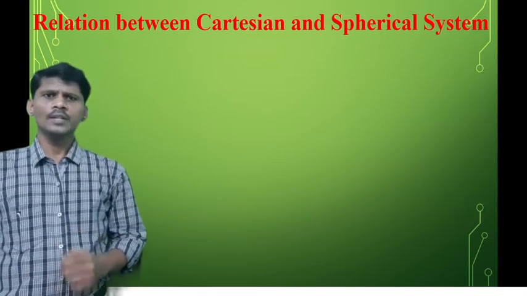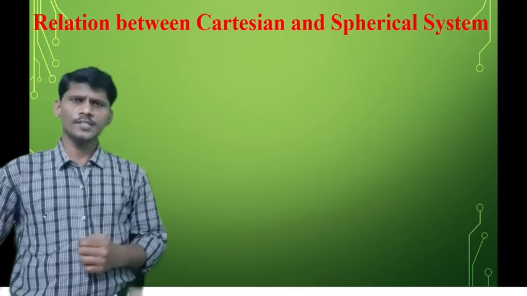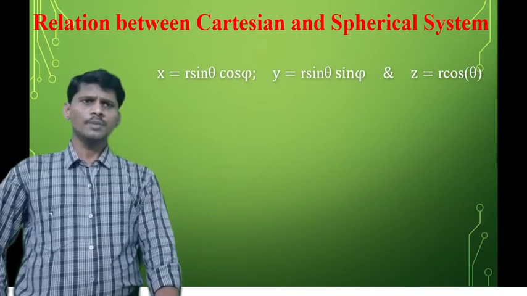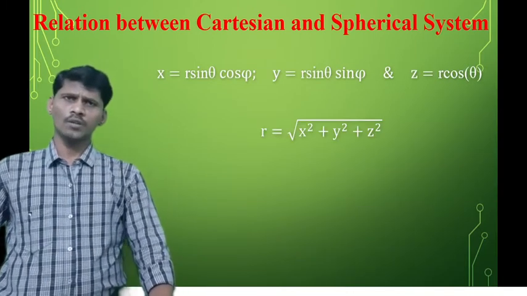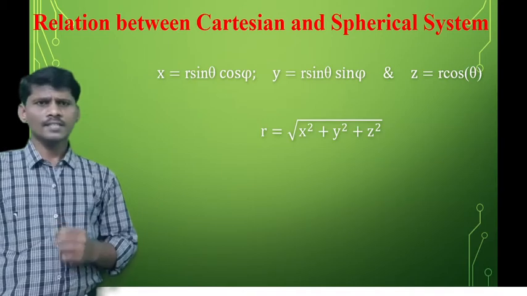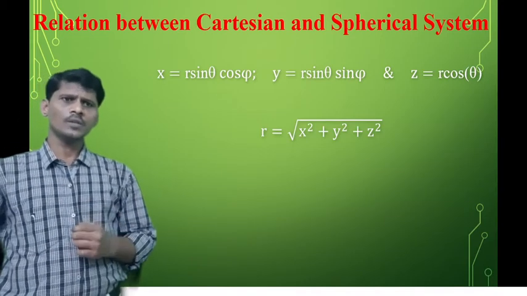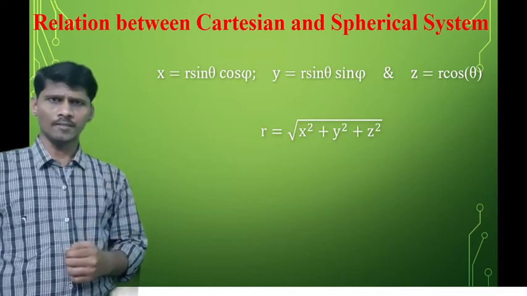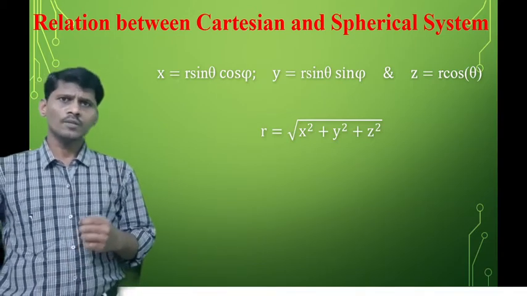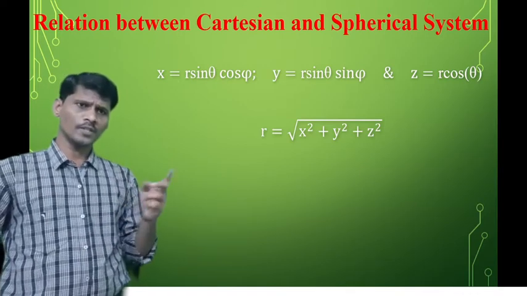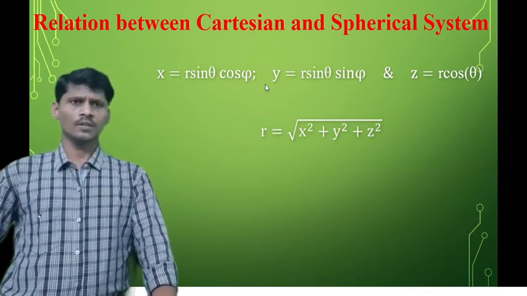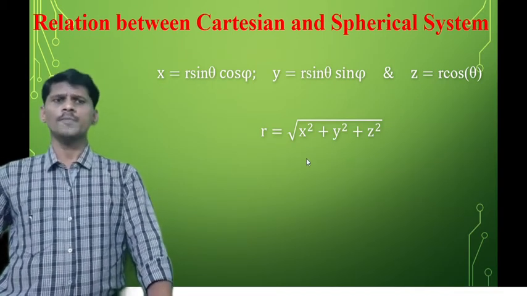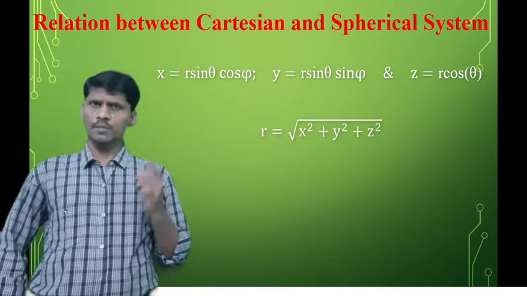Next coming to relationship between Cartesian coordinate system and spherical coordinate system. x is equal to r sin θ cos φ, y is equal to r sin θ sin φ, and z is equal to r cos θ. r is equal to square root of x square plus y square plus z square.